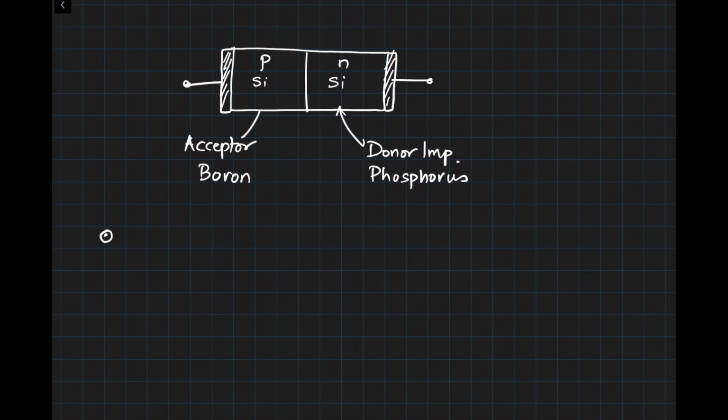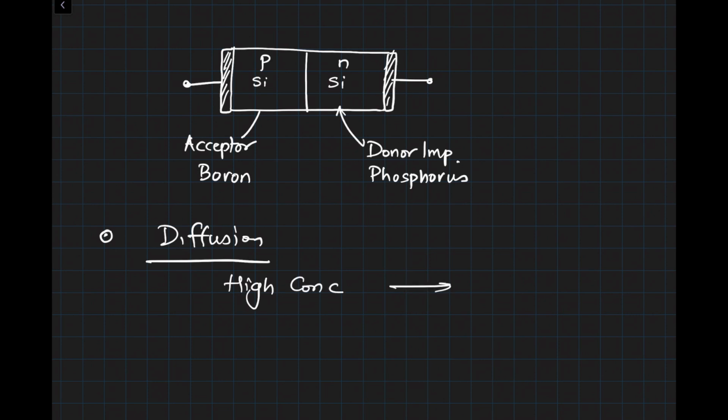In a short amount of time, those ink molecules will diffuse in the water, and eventually the ink will completely dissolve and you will see a consistent color. So this mechanism is called diffusion. Diffusion happens when you go from a high concentration on one side to a low concentration. This is when the diffusion happens.